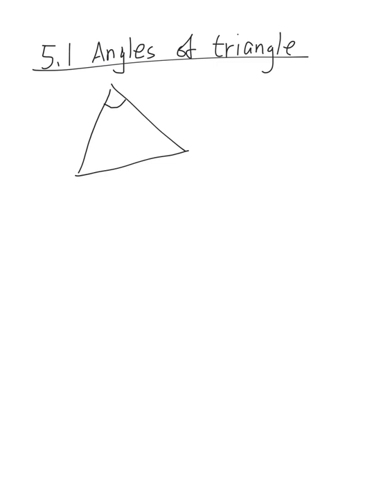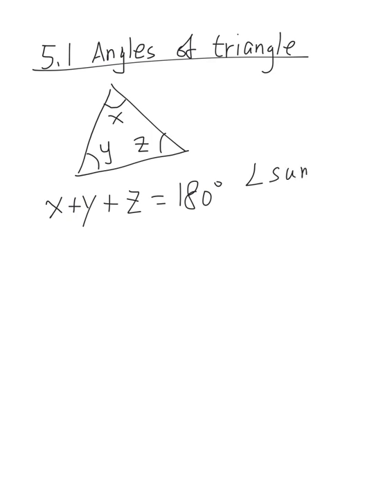Basically, there are three angles inside the triangle, and we know that the sum of these three angles is equal to 180 degrees. The reasoning is the so-called angle sum of triangle.